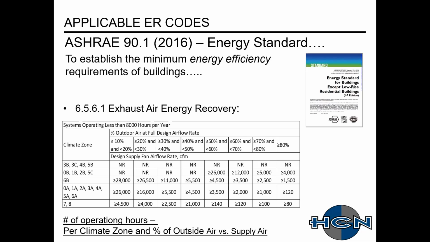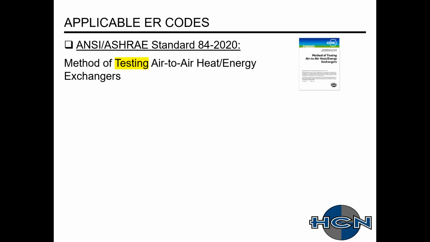I see a spelling mistake, and then, based on the different climate zones and based on the different percentage of outside air versus supply air, it shows whether you are required to have an energy recovery device or not.